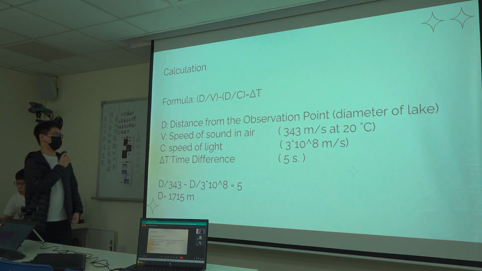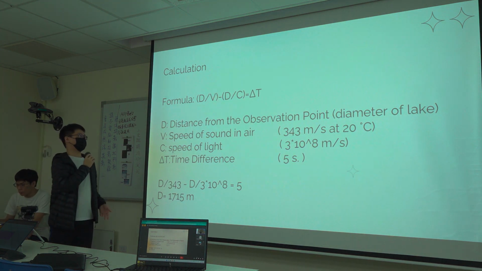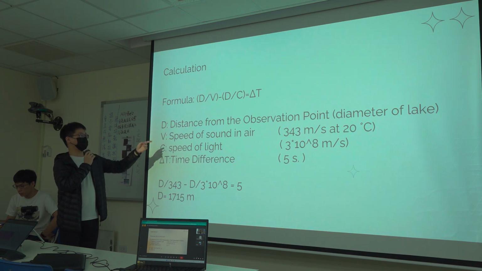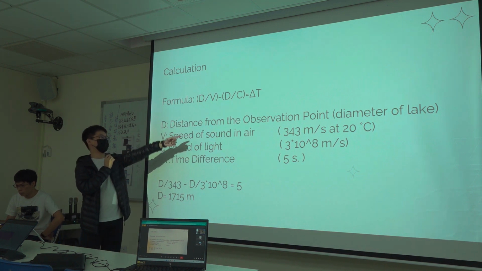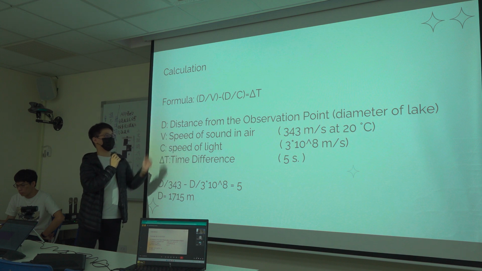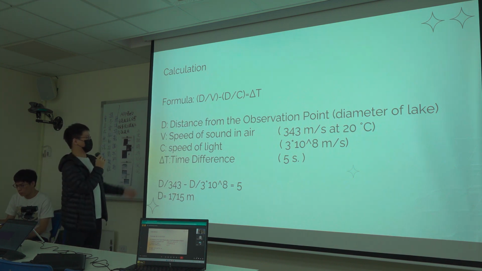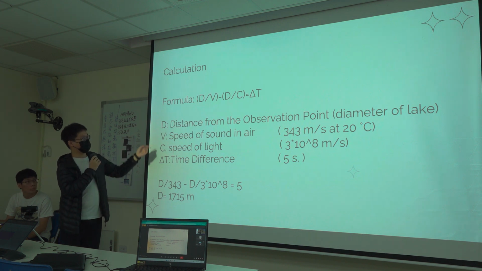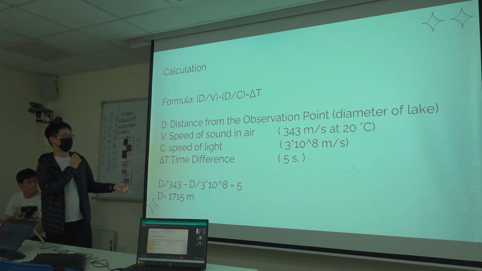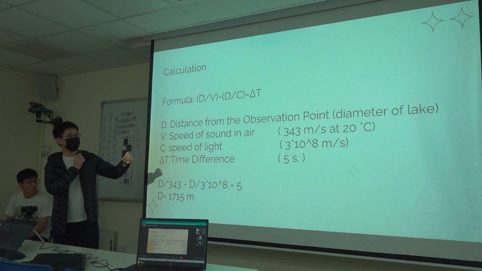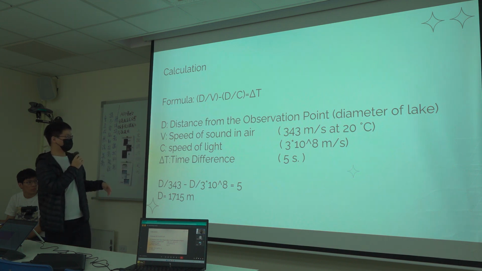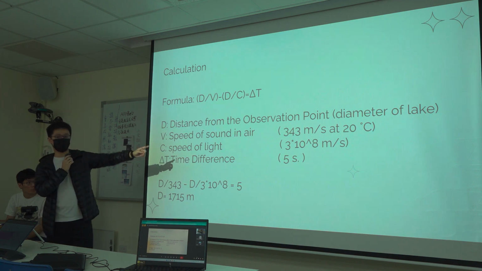We consider the transmission time of the sound wave and the transmission time of the light, and we subtract these numbers, and we can get the time difference. In the detail setting, D is the distance from the observation point, and we use it to calculate the diameter of the lake. The speed of sound and light are listed here.